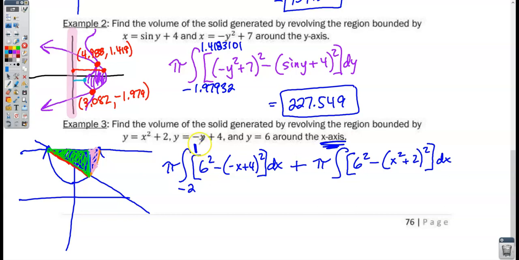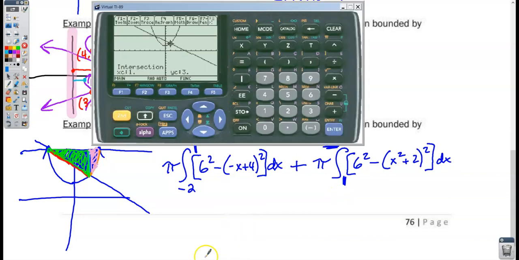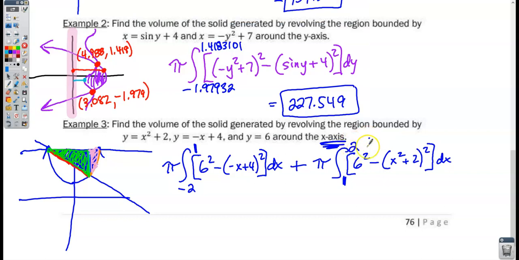So that's going to be the upper limit of integration for my first integral and the lower limit for my second integral. And then I need one more intersection point. I think this is probably going to be at x equals 2. Wouldn't it be crazy if it was like 2.1? Nope, it is 2. Then we have all our integrals.